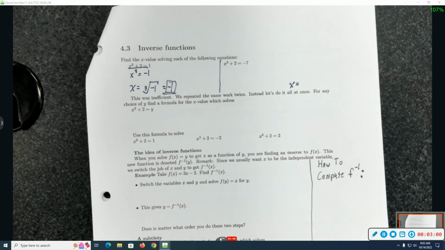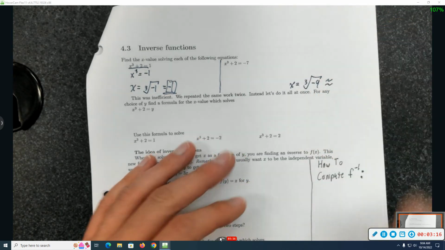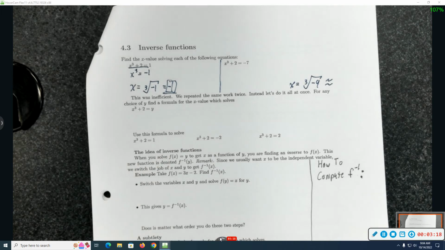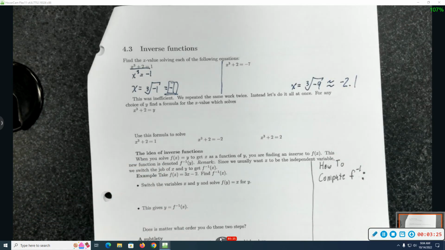So, what are people getting? Either an exact value or a decimal approximation is fine. The cube root of negative 9. And what is that as a decimal? Negative 2.1. And that makes sense, right? Because 2 is the cube root of 8, so it should be negative and a little bit more negative than negative 2.